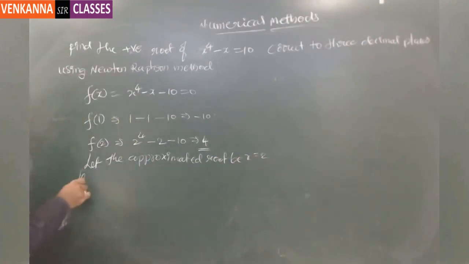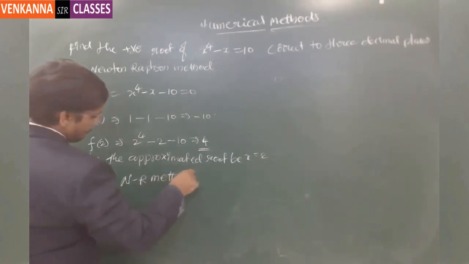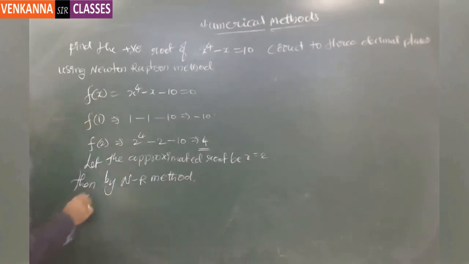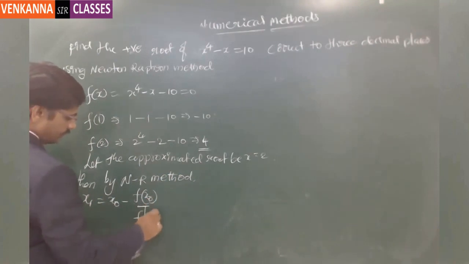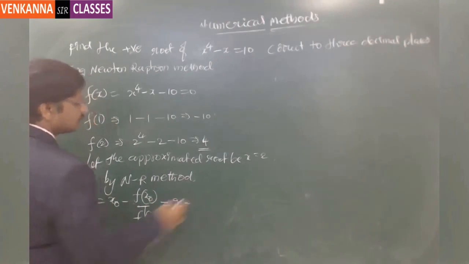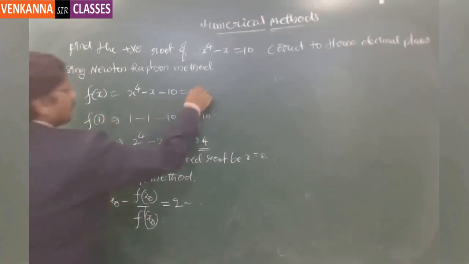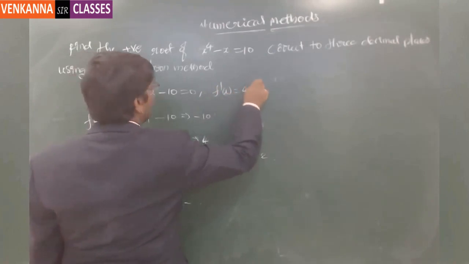Then by the NR method, x1 is equal to x naught minus f of x naught divided by f dash of x naught. So x naught is 2, minus... f dash of x you can calculate from here itself. f dash of x is equal to 4x cube minus 1.